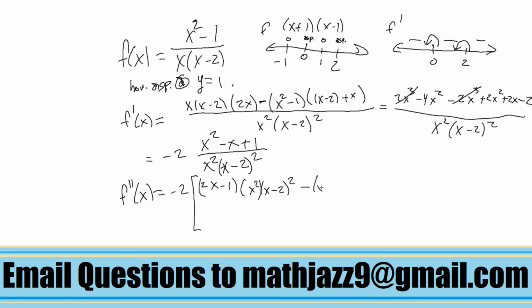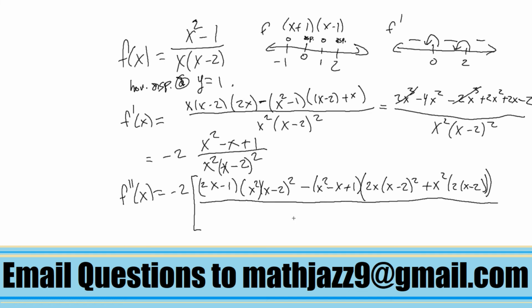So we get x squared minus x plus 1 times the derivative of the denominator, which is the derivative of the first times the second, plus the first times the derivative of the second. Okay, all over the denominator squared.